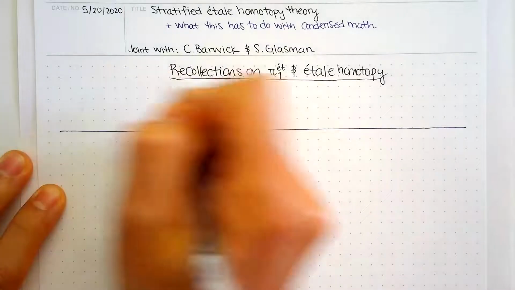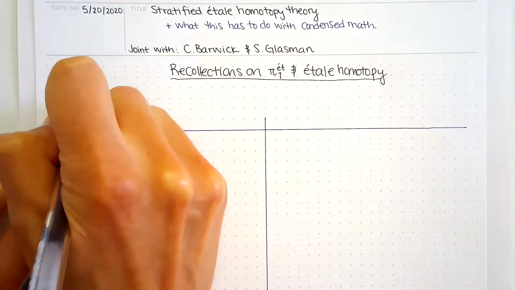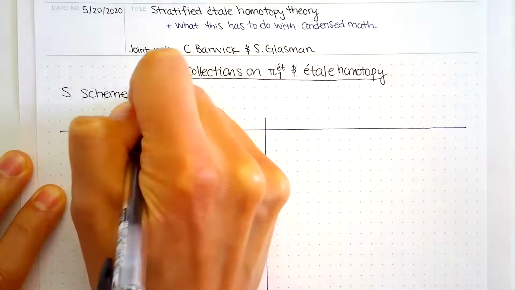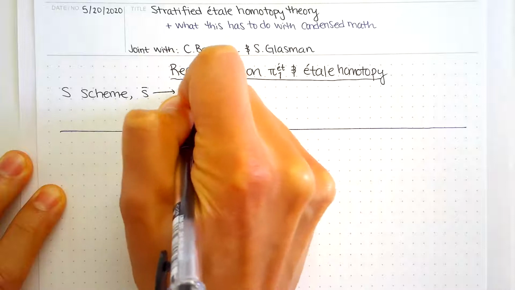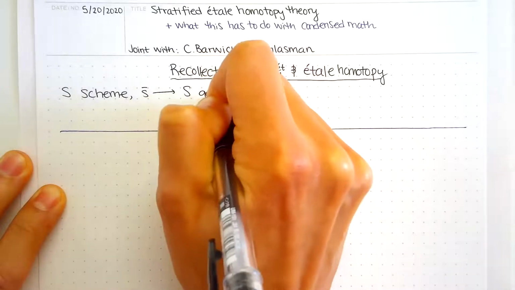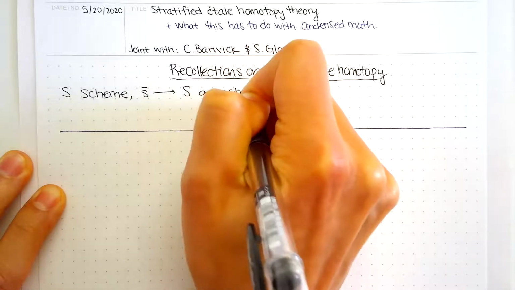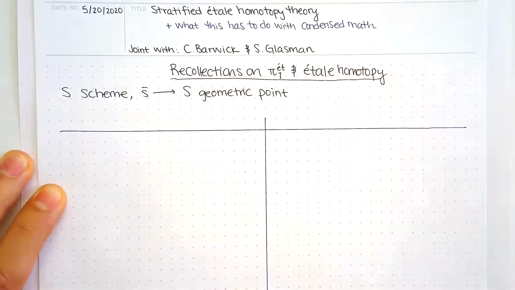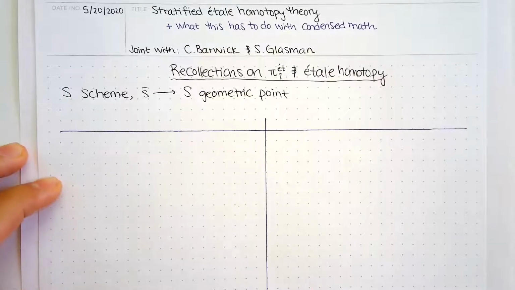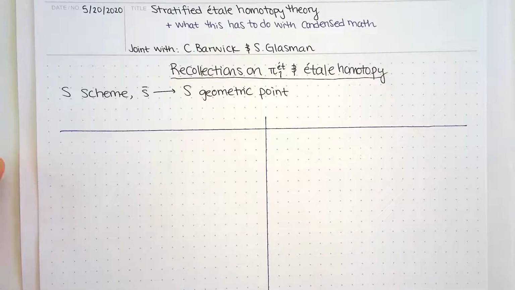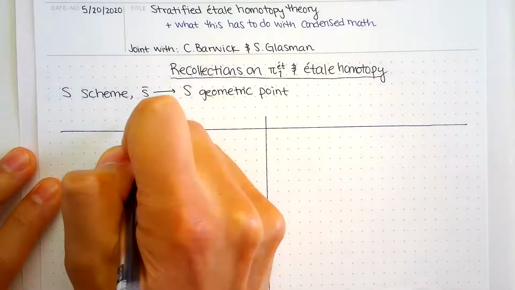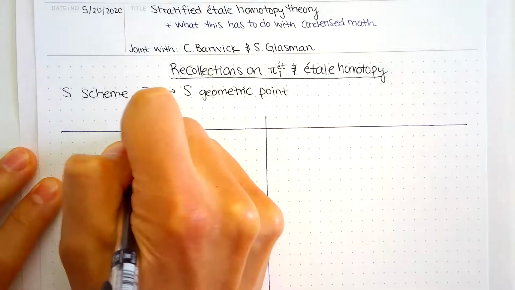So throughout, S is going to be a scheme, and S̄ mapping to S will be a geometric point. And if I start not noticing writing below where it is visible, please let me know. So okay, let's recall some things about étale π₁.